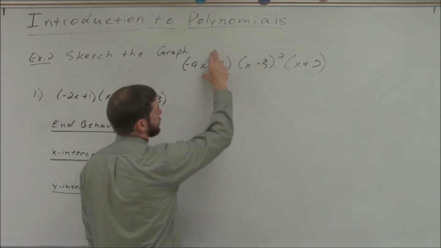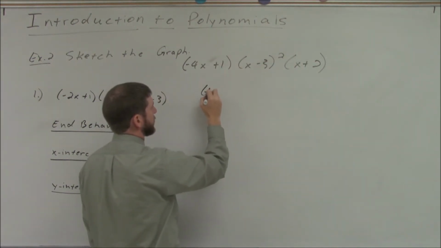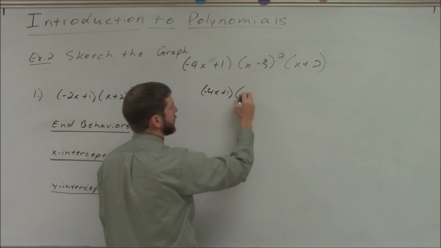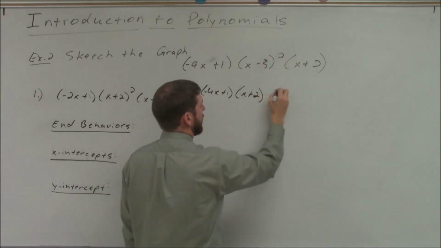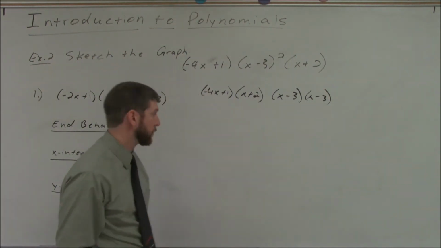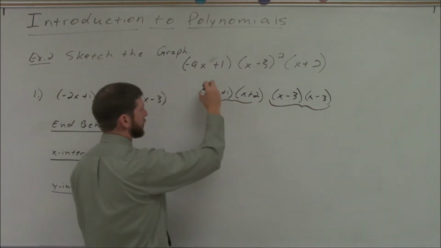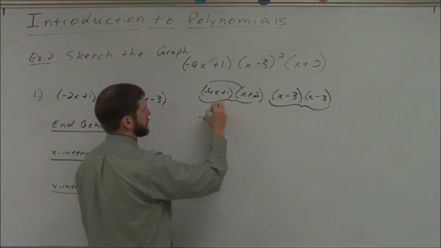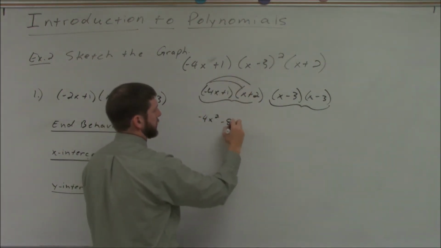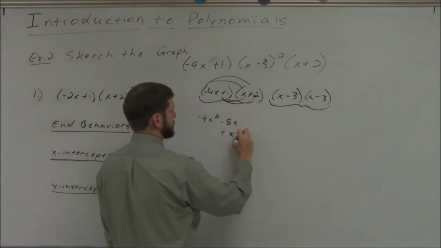First, I'm going to put these two together, this negative 4x plus 1 and x plus 2, and I'm going to do the x minus 3, write it out, and we'll put the first two together and the last two together. Negative 4x squared minus 8x plus x plus 2.